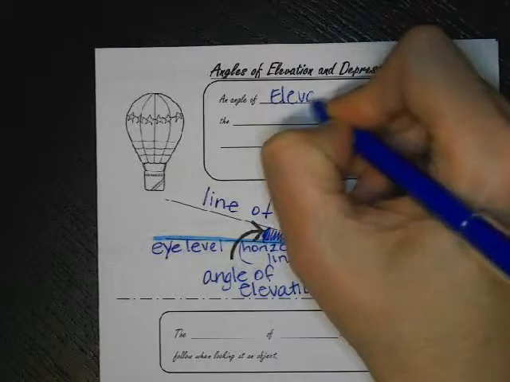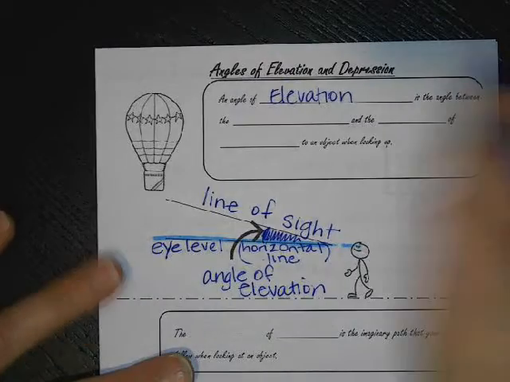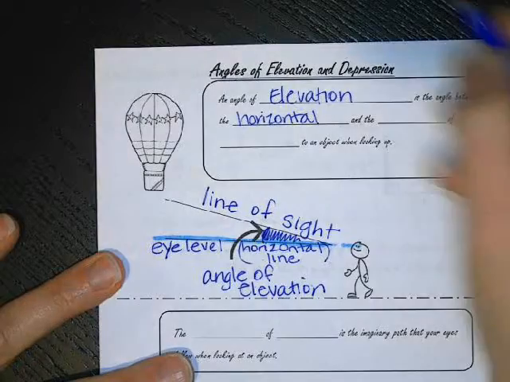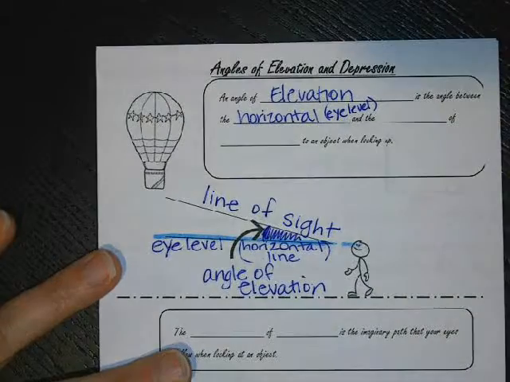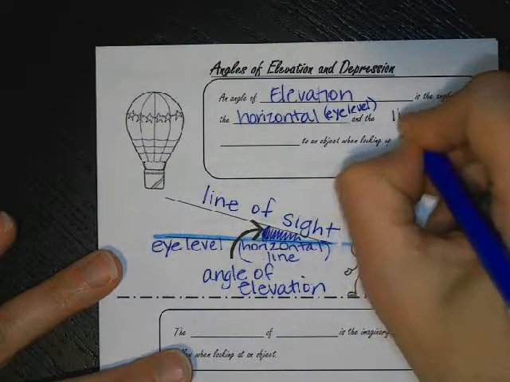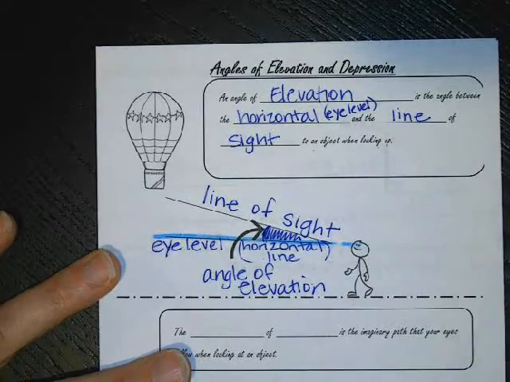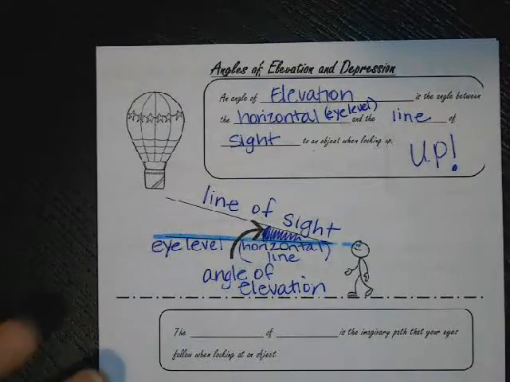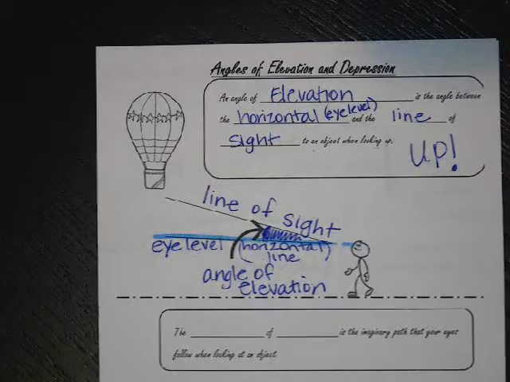So an angle of elevation is the angle between the horizontal line, which is really just your eye level, and the line of sight to an object when looking upward. So angle of elevation is up. You can think about elevation as like an elevator takes you up. So elevation elevates you from the ground.